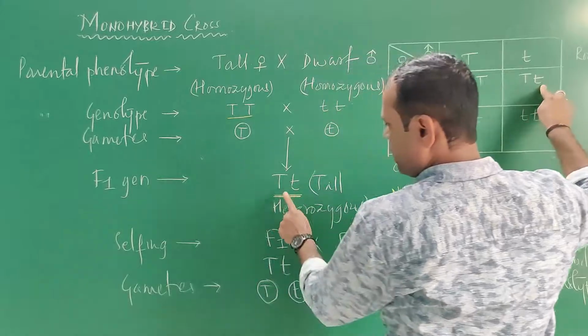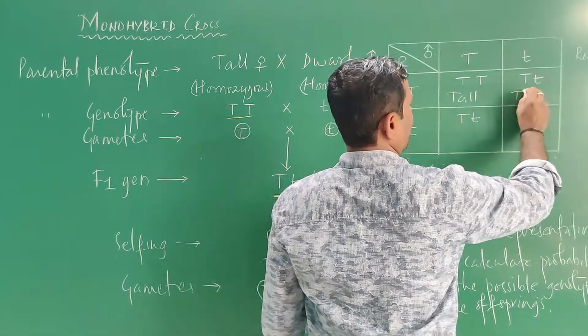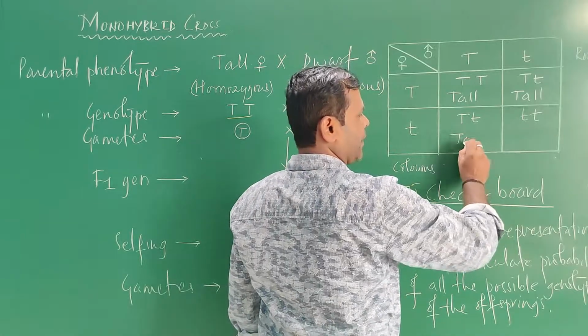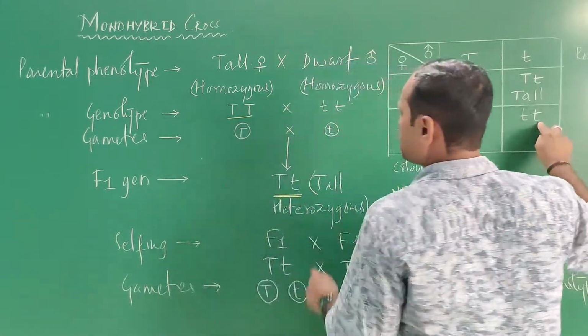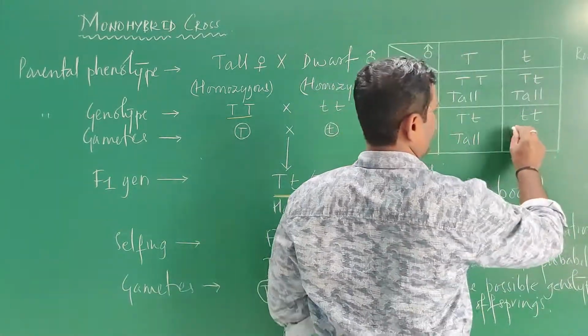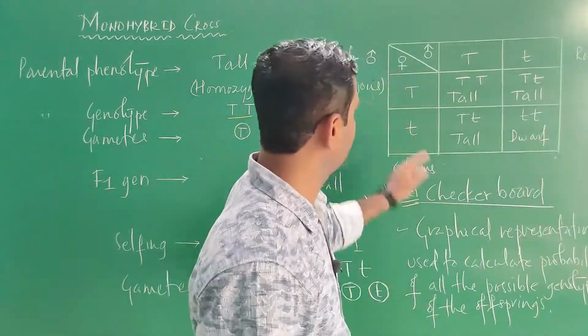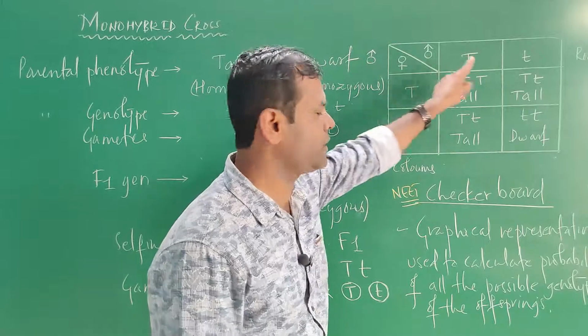Capital T, small t will be again tall. This capital T, small t will be again tall, and small t, small t will be dwarf. So this is the result he got when he crossed.